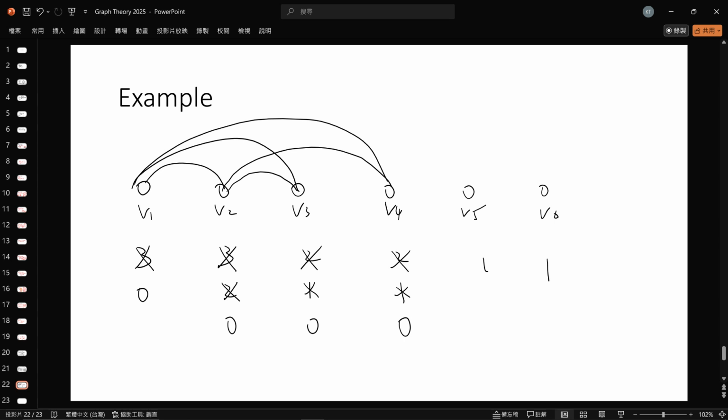And we're not finished yet, because we still have some non-zero target degrees. So let's pick V5. Since the target degree is 1, we need to find one neighbor for V5. And in this case, we can only choose V6.